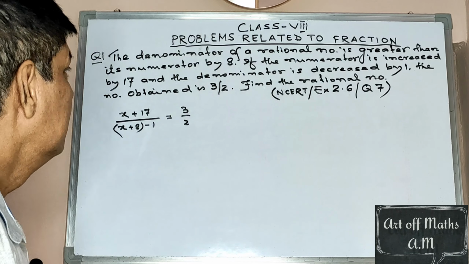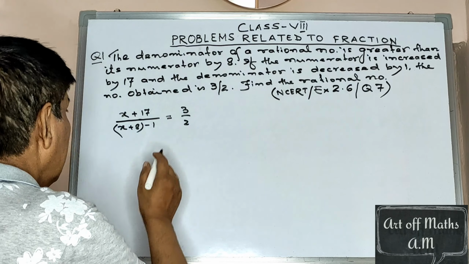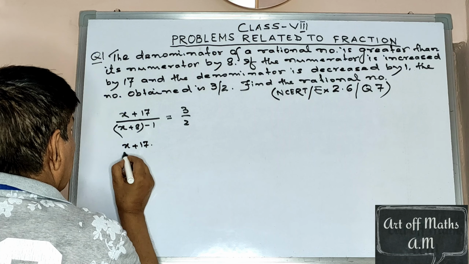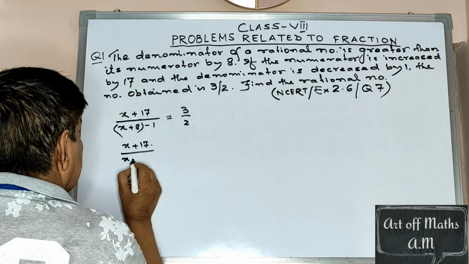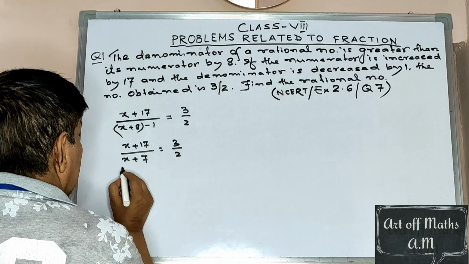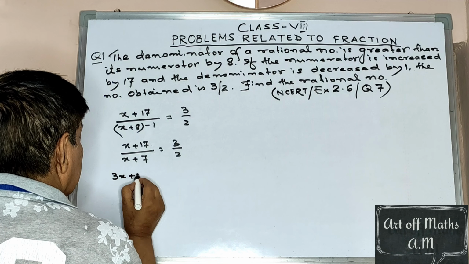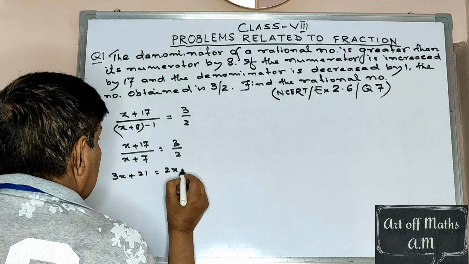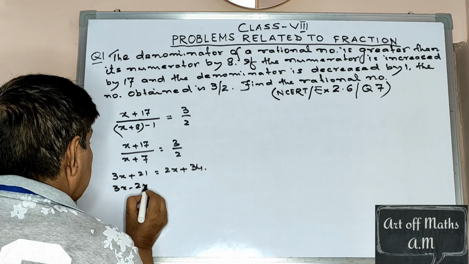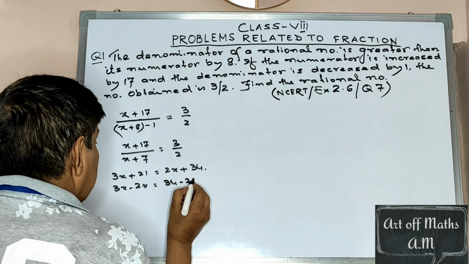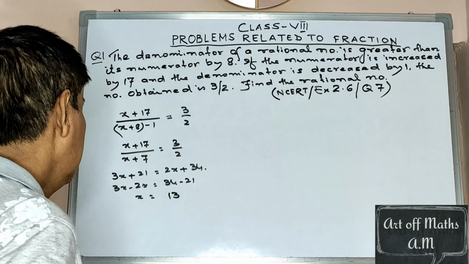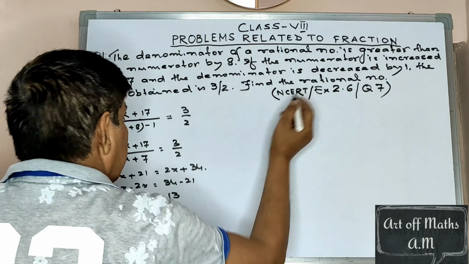This is as per question. Now by cross multiplication we get (x plus 17)/(x plus 7) equal to 3/2. 3x plus 21 equal to 2x plus 34. 3x minus 2x equal to 34 minus 21. x equal to 13. Now find the rational number.